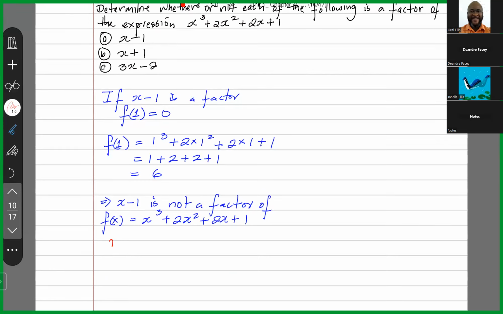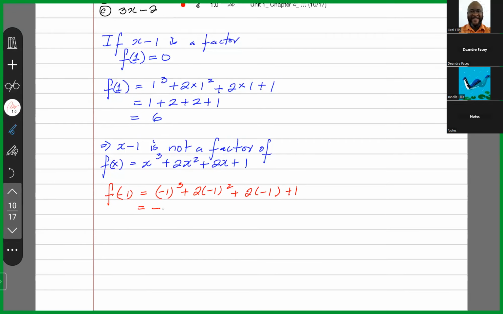So let's find f of minus 1. That would be minus 1 cubed plus 2 times minus 1 squared plus 2 times minus 1 plus 1.